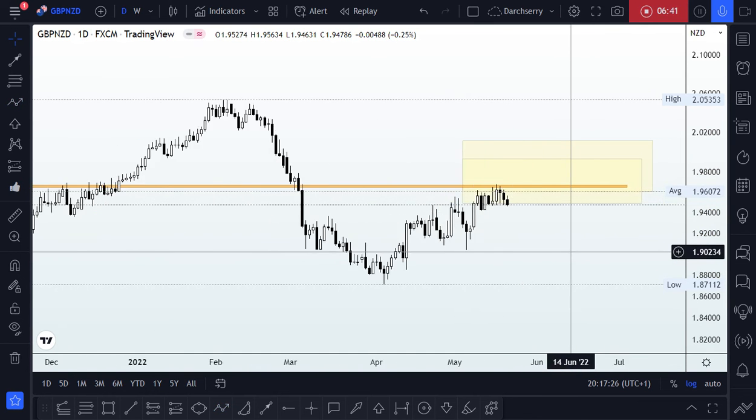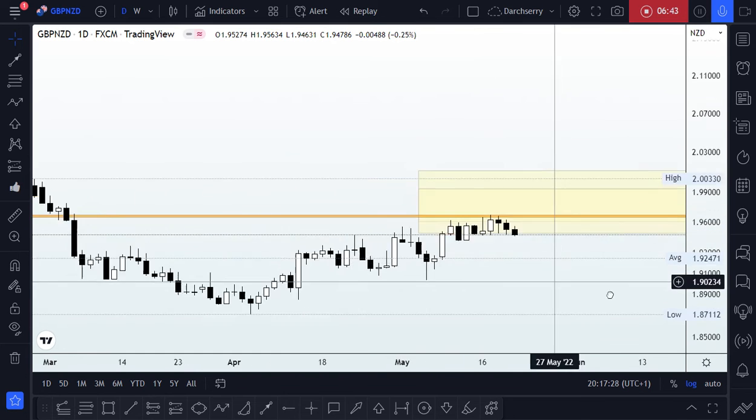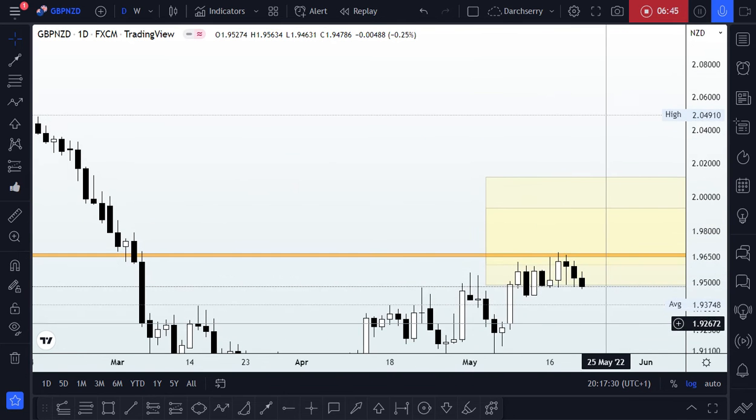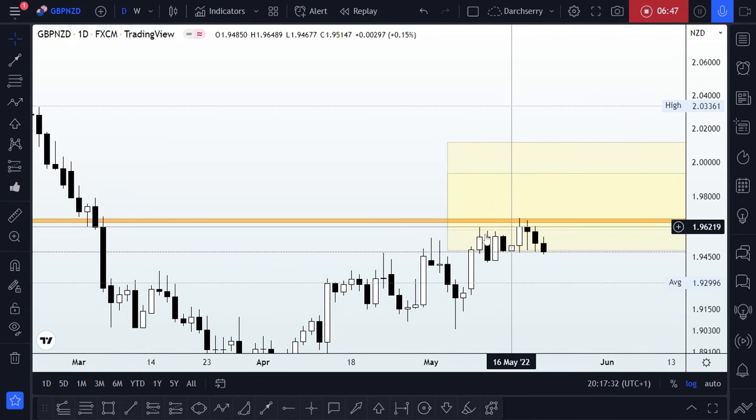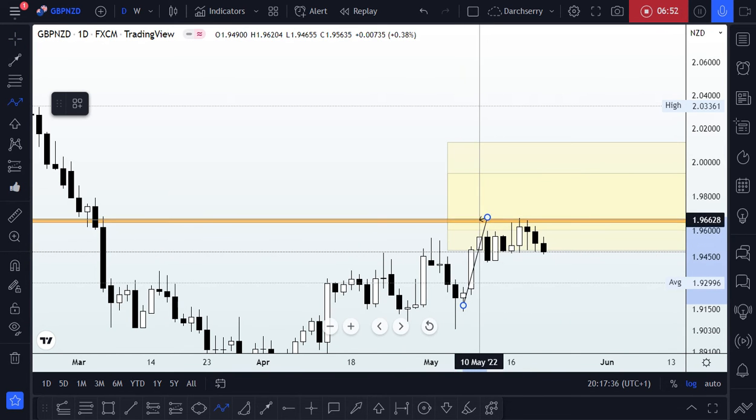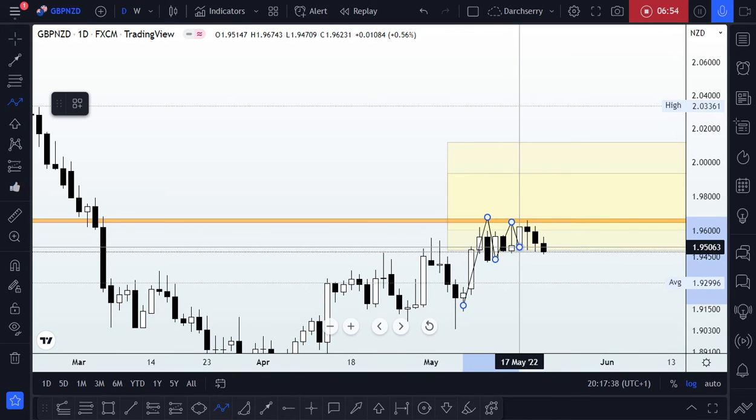If we zoom into what has been happening since the beginning of last week, we can see that price has been rejecting the 1.967 area multiple times, which also gives a clue into the strength of sellers at this point in the market.